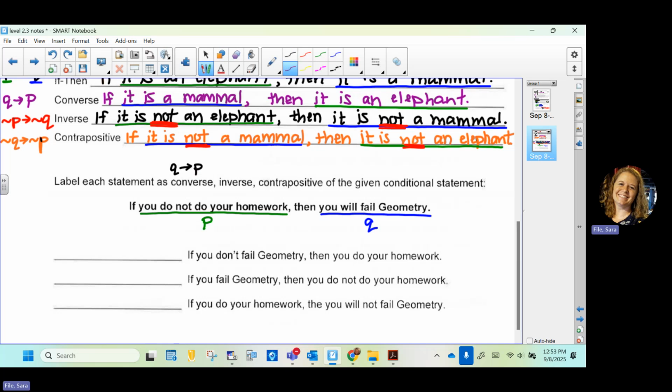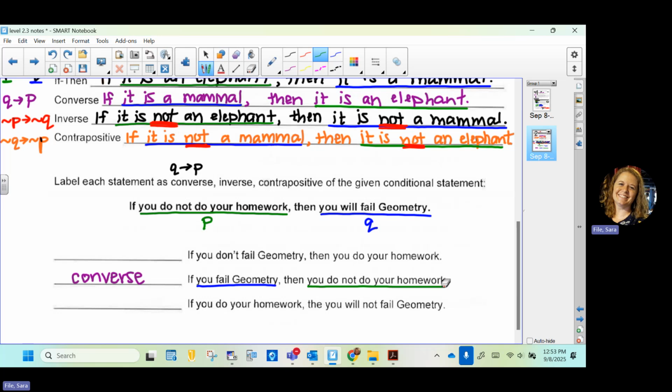So the converse would say, if you failed geometry, then you did not do your homework. Okay, so let's see. If you failed geometry, then you did not. That's this one here. So this would be the converse. We just switched the order of the conclusion and then the hypothesis. So switched order, that's converse.